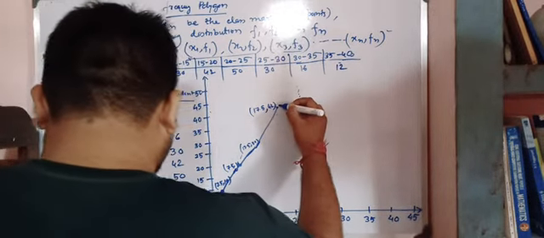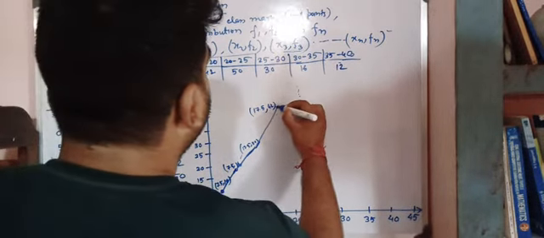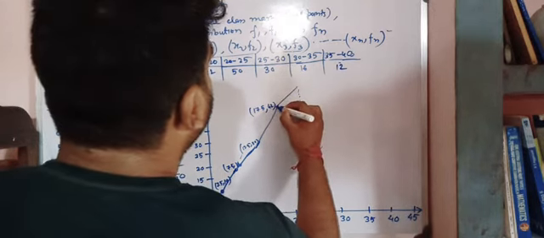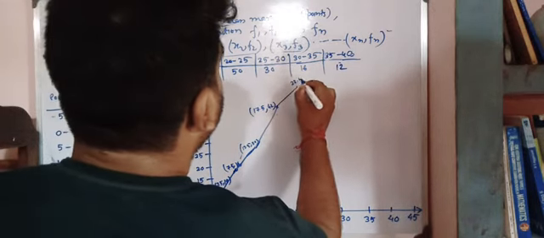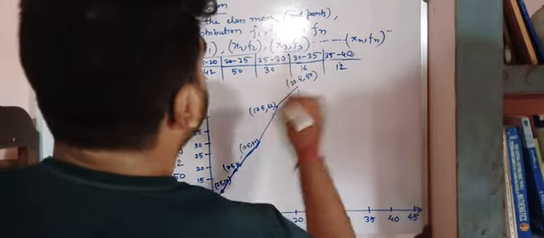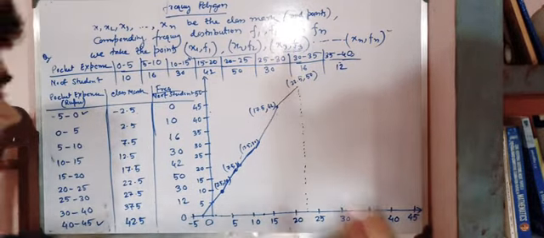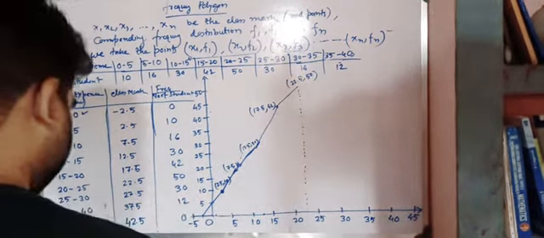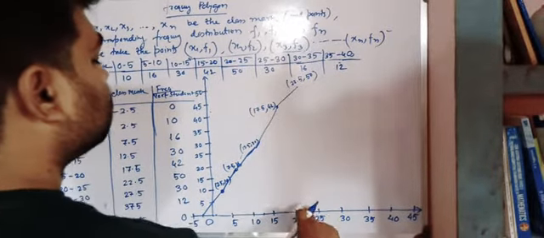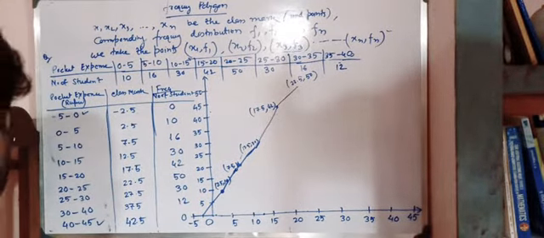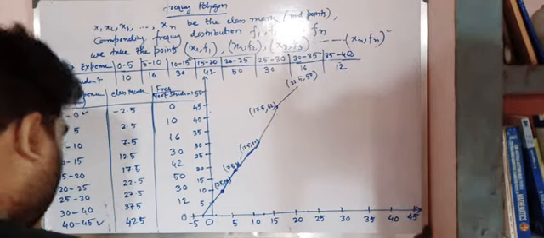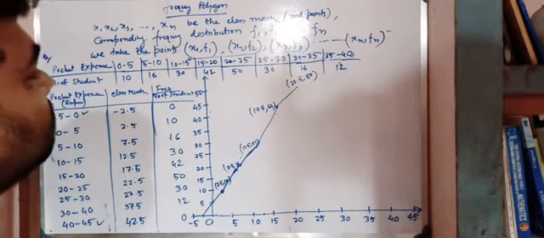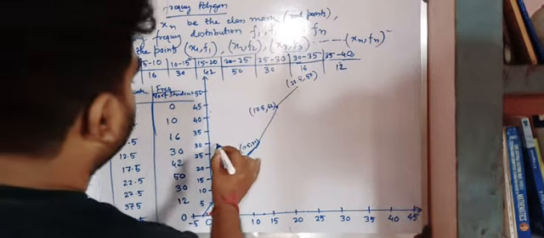So again we are moving from this point. This is 22.5, 50. Next we have to drop down, erasing it. 27.5, 30. This is 30.